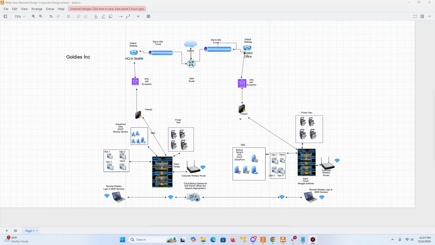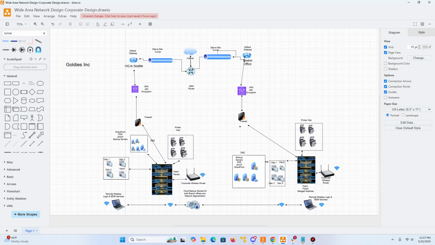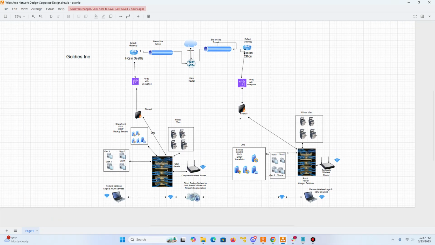Now, this diagram is a network enterprise diagram, and if I can increase the screen, alrighty. We have a direct mirror from the headquarters area located in Seattle, and we are looking at a complete mirror of the Boston office also.